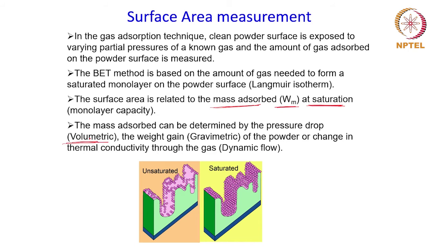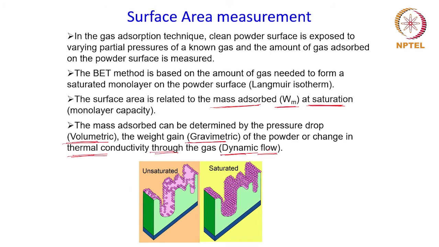The weight gain of the powder due to the adsorption can also be determined to get the monolayer capacity Wm. This method is known as the gravimetric method, as it is based upon the weight gain being measured. And apart from that, the thermal conductivity change due to the adsorption can also be measured, and from that the amount of gas adsorbed can be calculated, and this particular method goes by the name dynamic flow.